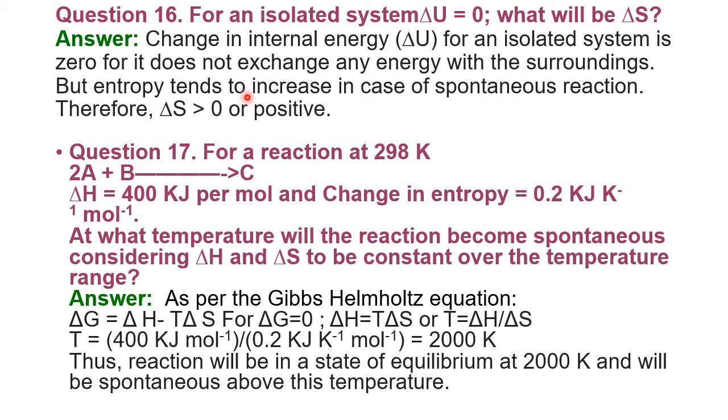Next question. For an isolated system, okay, delta U equal to 0. What will be delta S? Change in internal energy equals 0. There's no change in internal energy. It is an isolated system. But what about delta S? Inside the system, though delta U equals 0, no change in internal energy, the particles are moving.